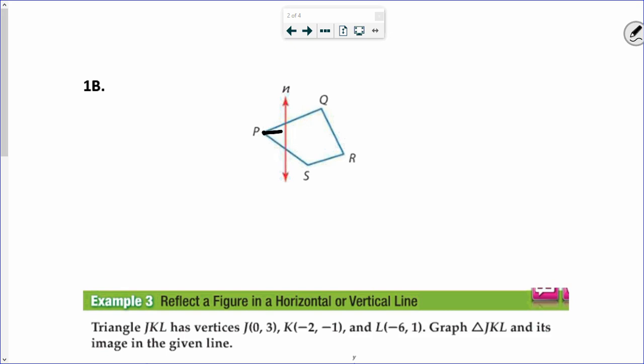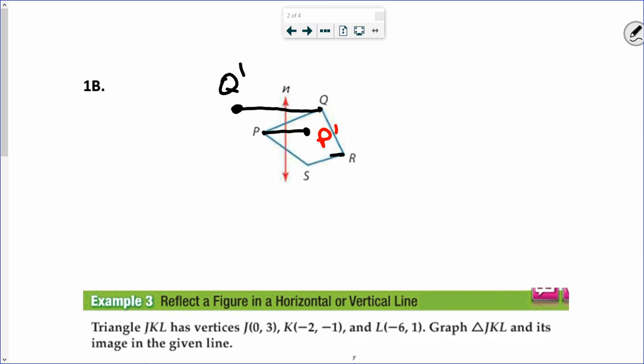It's a polygon with four sides. The point P would probably end up over here, P prime. Q is going to reflect across line n, so Q would reflect across to this side. Here I'm just estimating. Yours is probably going to be a lot more accurate than mine. That'd be point Q prime.